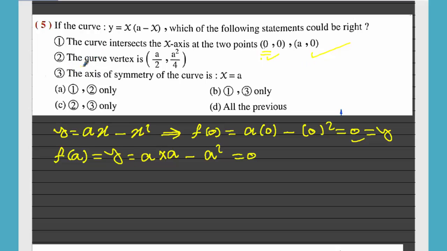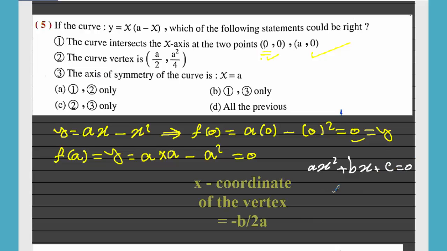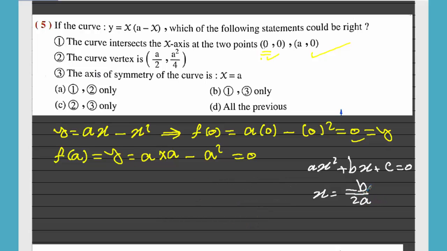Here the curve vertex is. In the quadratic equation, ax squared plus bx plus c equals 0, the x coordinate is x equals negative b over 2a, where b is the coefficient of x and a is the coefficient of x squared.